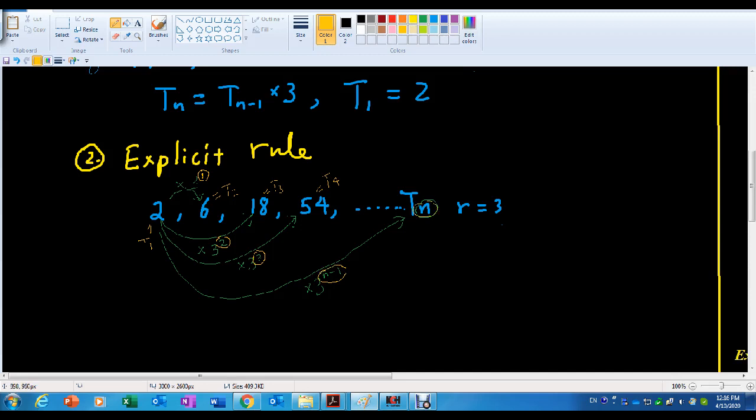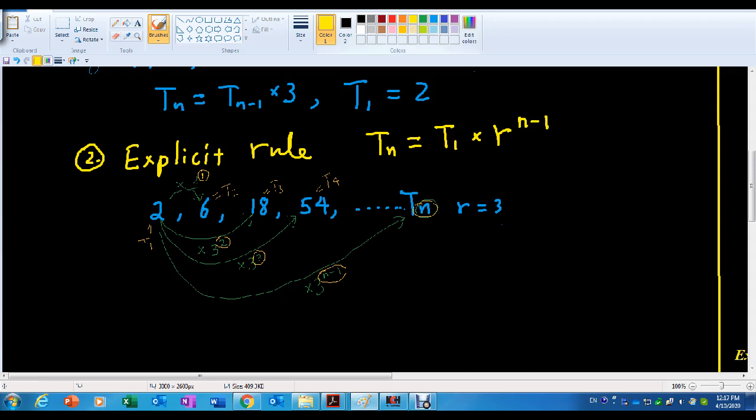So you see the line up, right? That's the explicit rule. The explicit rule means Tn equals T1, we start from T1, times the common ratio, 3 is the common ratio, to the power n minus 1.